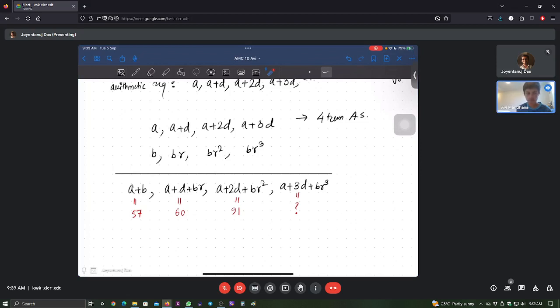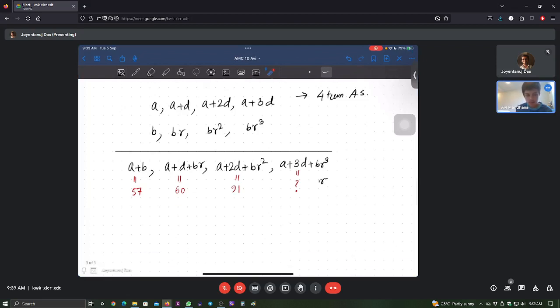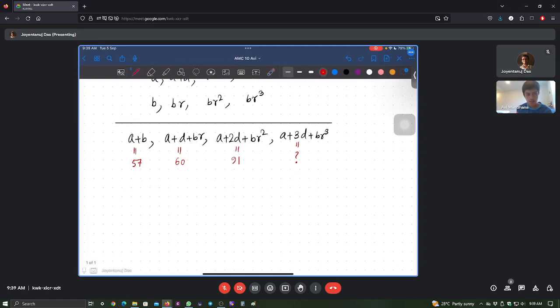You can first write the equation a plus b equals 57, and then you can find that a is equal to 57 minus b. Let me write it down. So this gives you a equals 57 minus b.